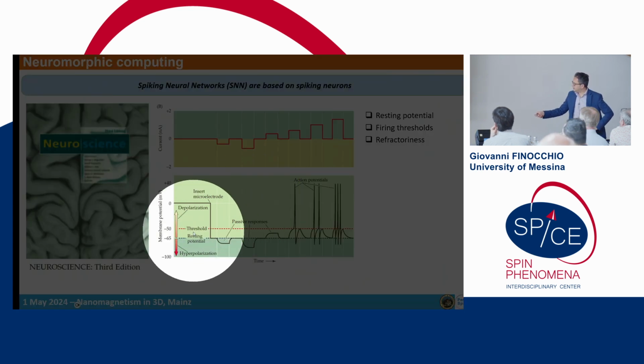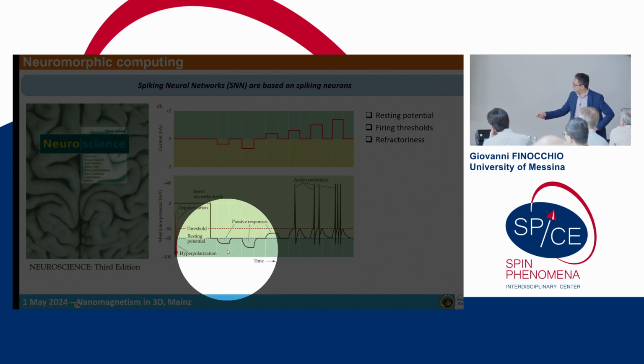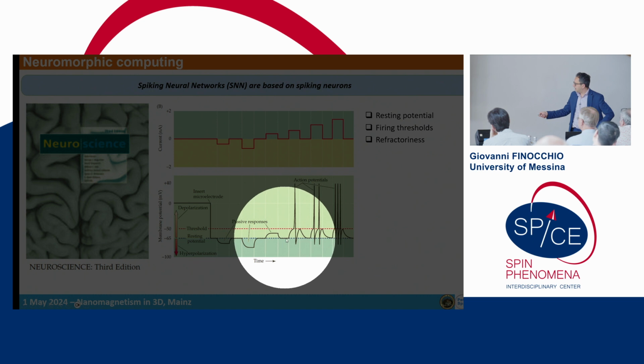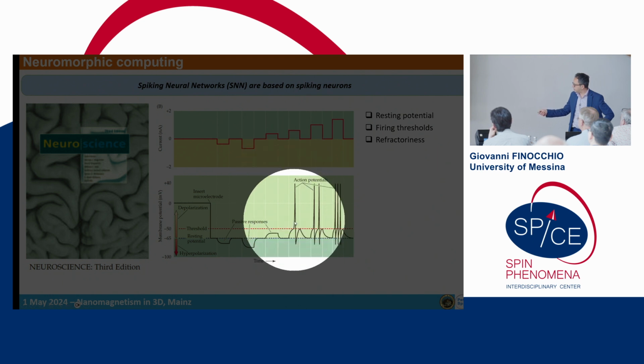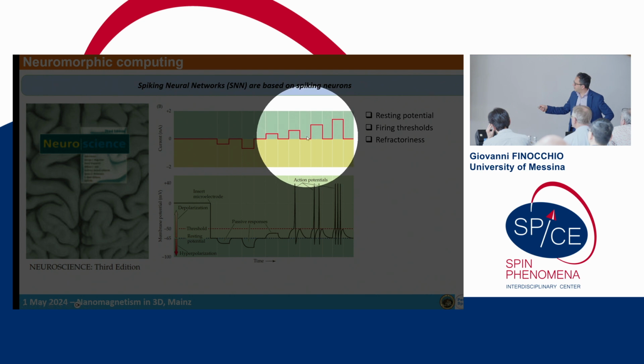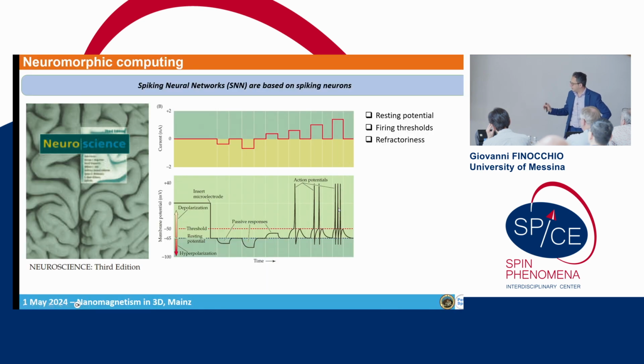Neurons typically have a resting potential. If you reduce this potential, they do nothing. But if you increase the potential, there exists a threshold above which you see a strong variation of the voltage across the neuron. According to the amplitude of this pulse, you can get two or three different spikes. But after each spike, the neuron comes back to the resting potential and is ready to start again.